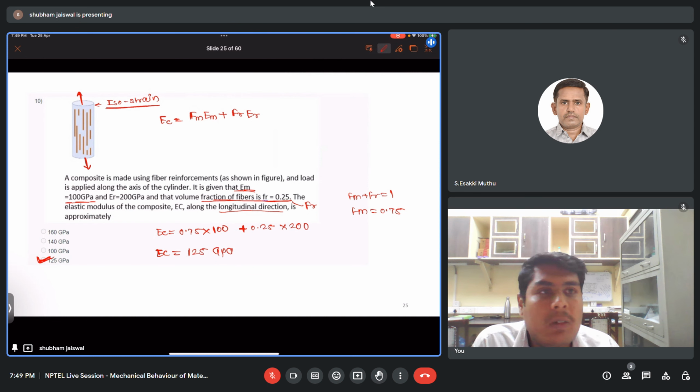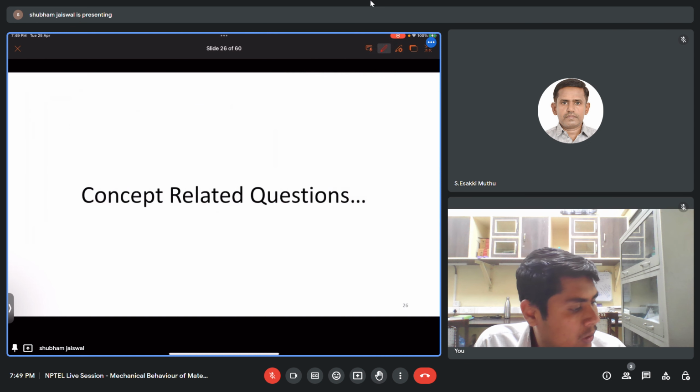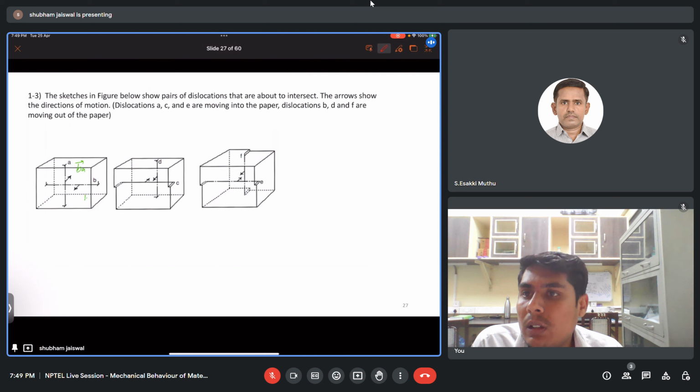Now we'll discuss one more concept-related question, and after that we'll end our session. The question is like this: the sketches in the figure below show pairs of dislocations that are about to intersect. The arrows show the direction of motion, and they have given that dislocations A and C are moving into the paper, and dislocations B, D, and F are moving out of the paper.